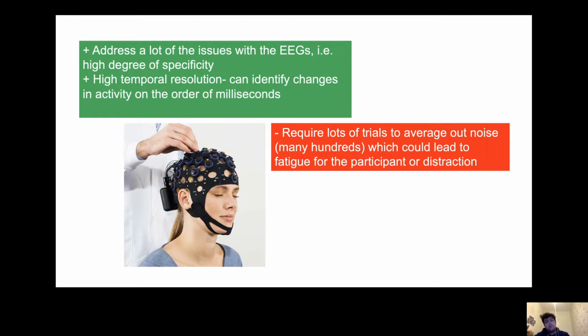Evaluation. ERPs address a lot of the issues with EEGs. EEGs lack that spatial resolution. They can only look at the brain, compare different states of the brain, like I said, the cycle of sleep, or looking at epileptic patients, for example, during a seizure. This goes beyond that. We're no longer looking at just different states of the brain. We can look at the brain in response to specific events.